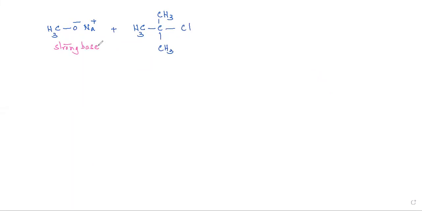We know that. And see, because this is a tertiary alkyl halide, you cannot go for SN2, you can only go for E2, isn't it? Of course, it is a strong nucleophile also. But because this is hindered or bulky, you cannot go for SN2. This is very interesting.